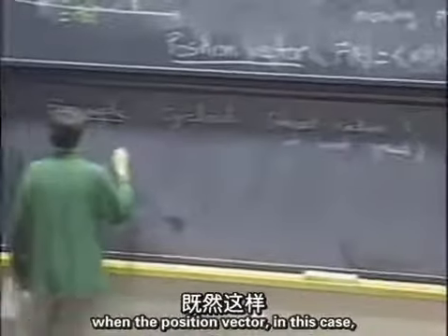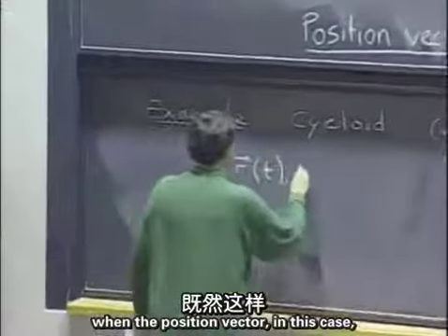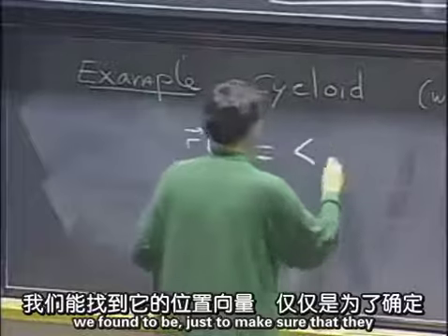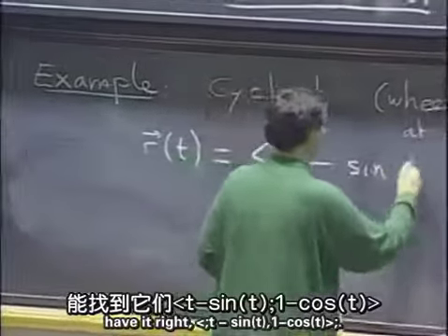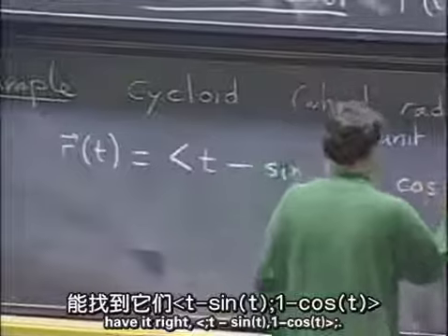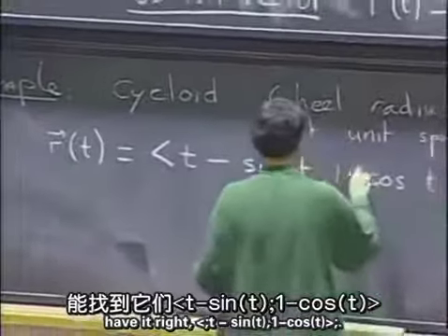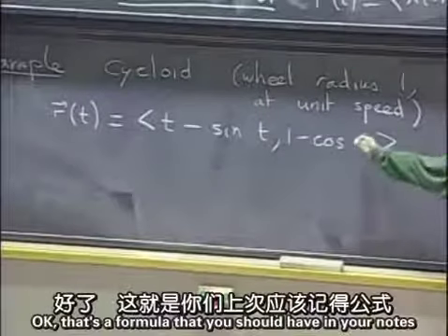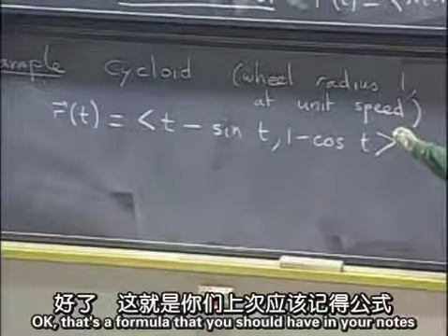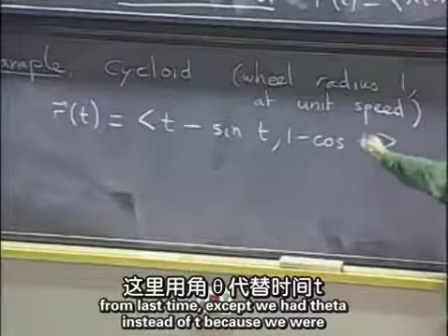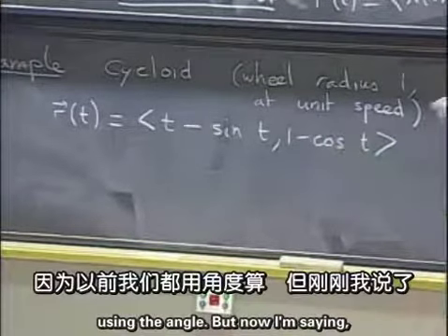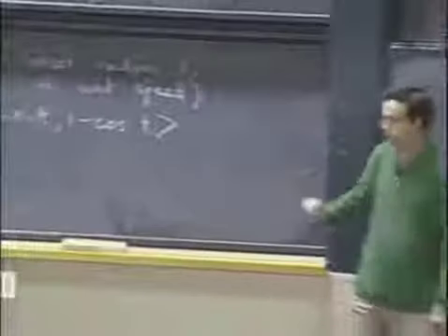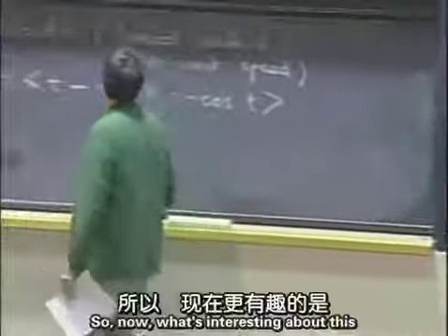Then the position vector, in this case, we found to be t minus sine t, and 1 minus cosine t. That's a formula that you should have in your notes from last time, except we had theta instead of t because we were using the angle, but now I'm saying we're moving at unit speed, so time and angle are the same thing.